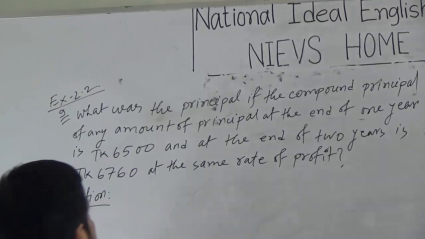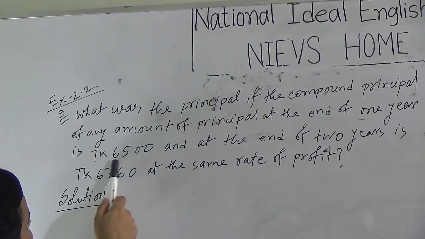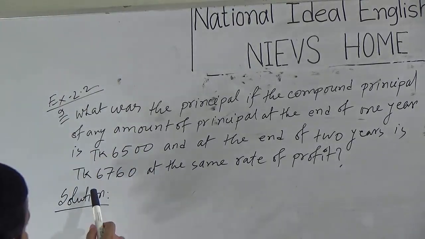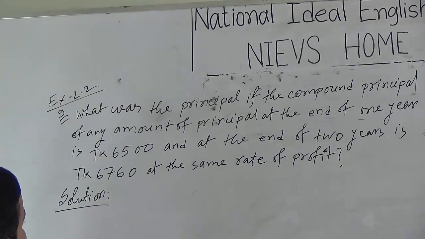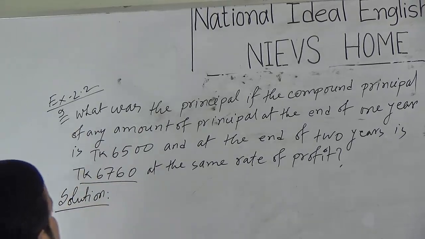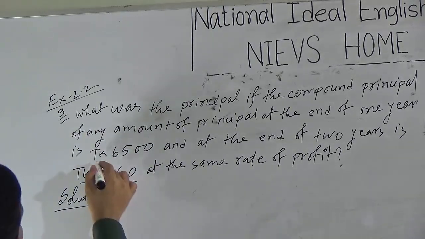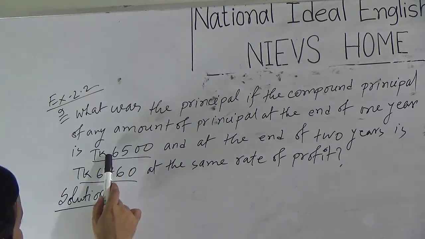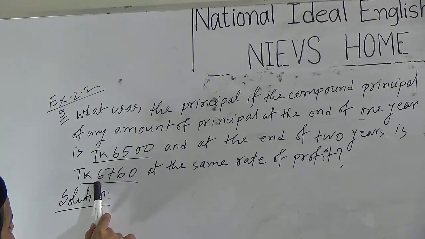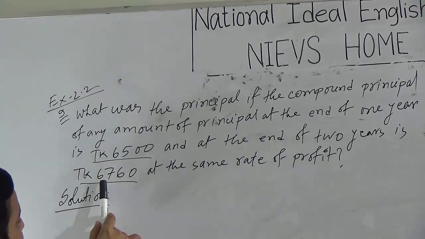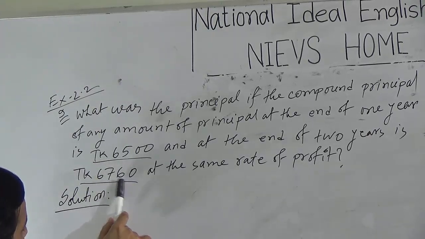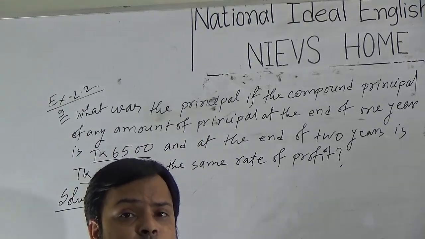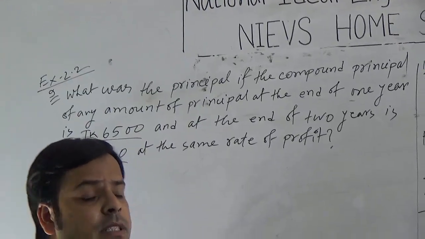For the first year, compound principal is taka 6,500 and for the second year, compound principal is taka 6,760. Dear students, you know the formula of compound principal.